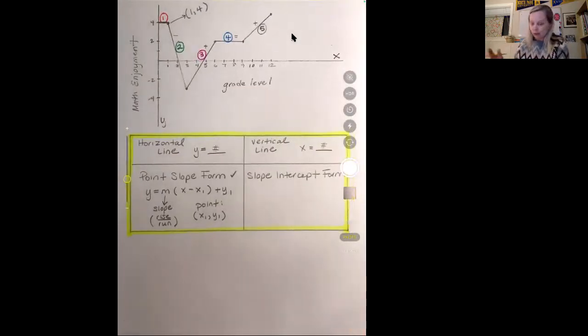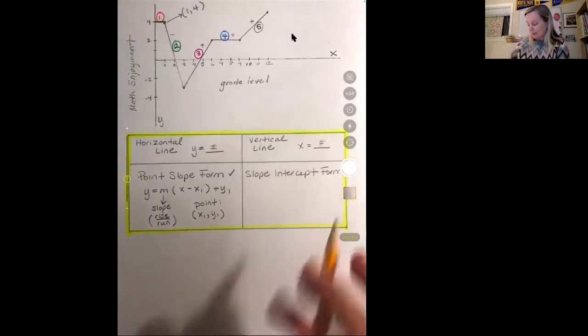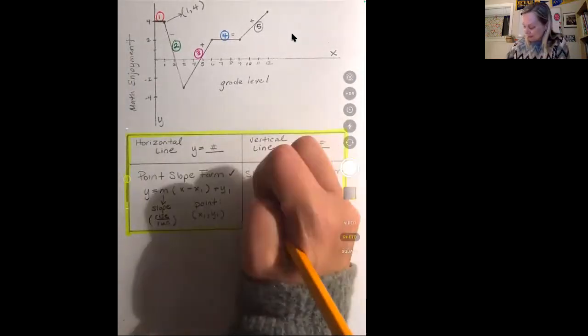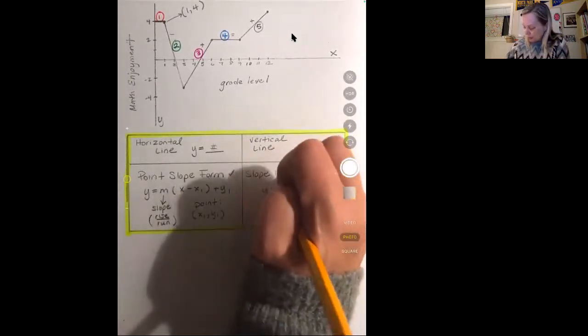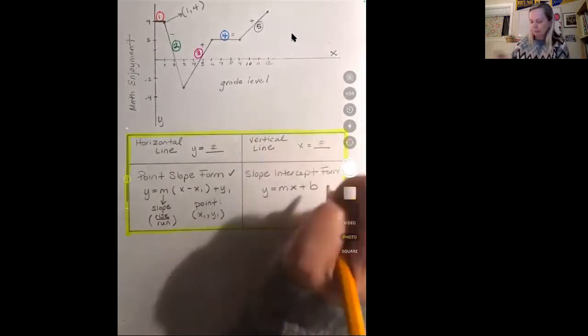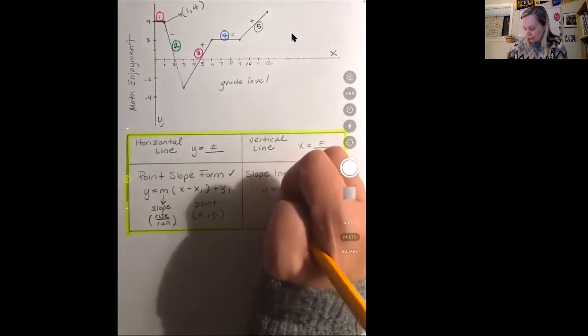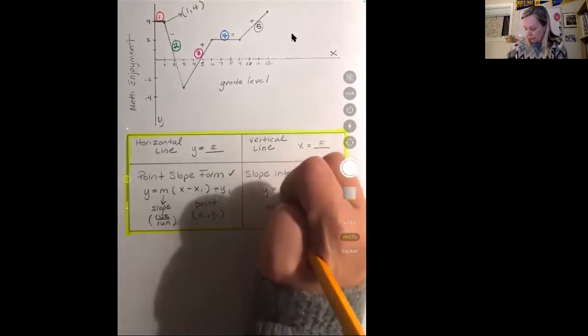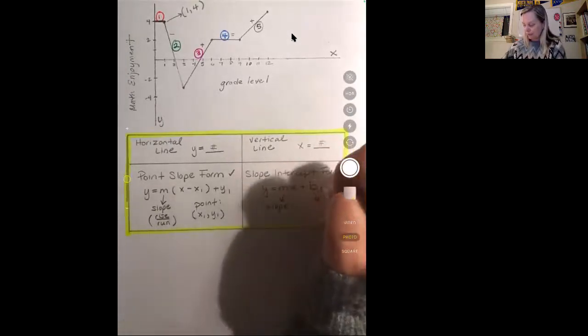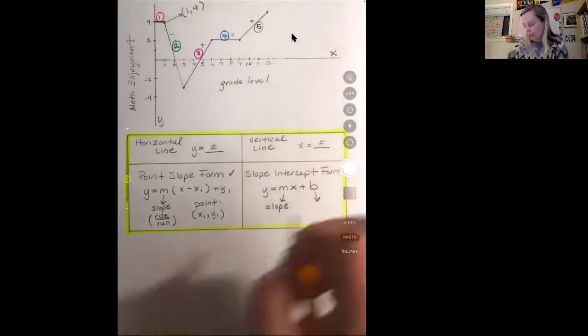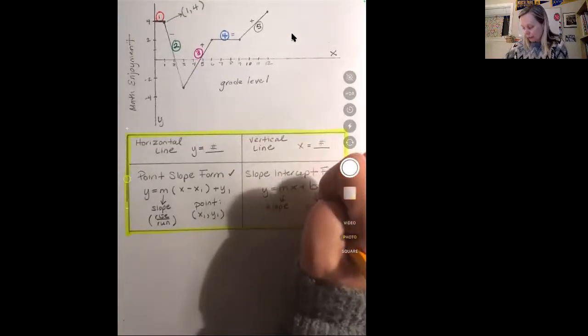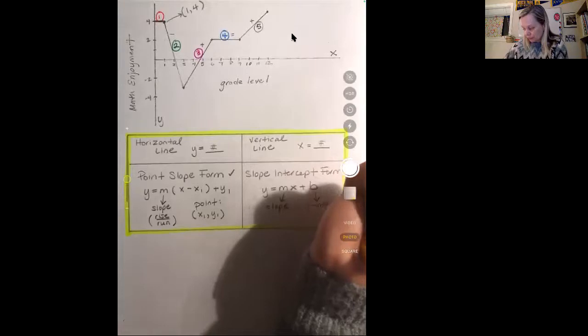But another one you can use, and I would say an equation that a lot of people know, dare we say famous, is y equals mx plus b. The difference here is not with the slope, because we still have a slope on this one. The difference is this right here, and the b represents the y-intercept.